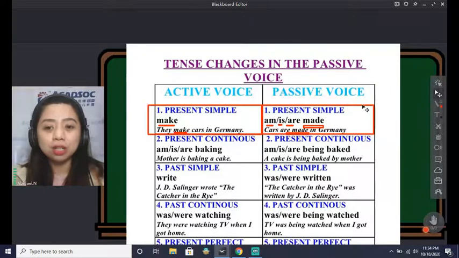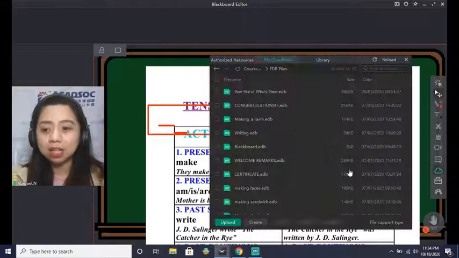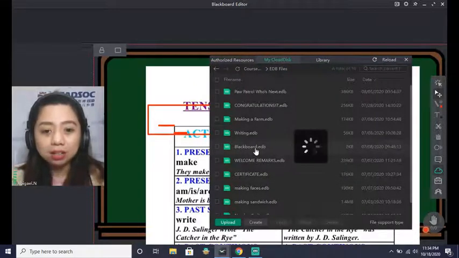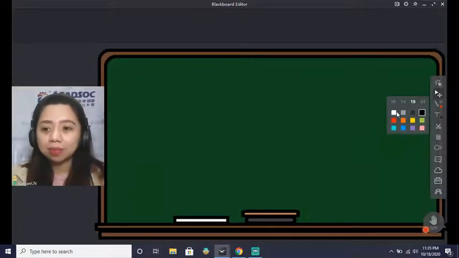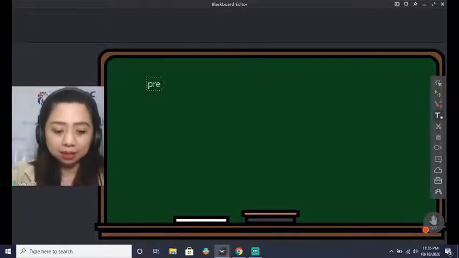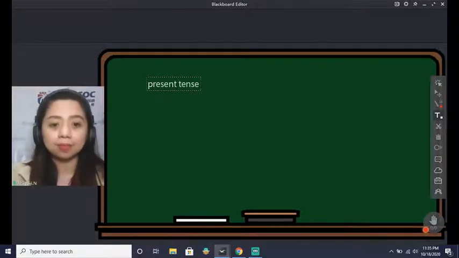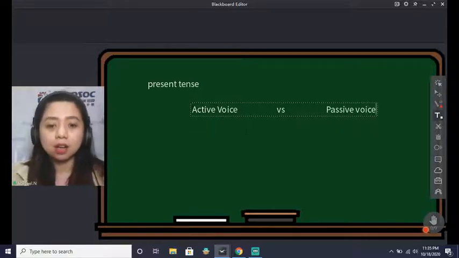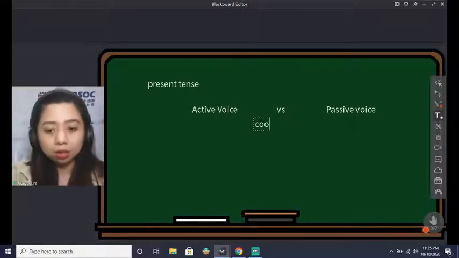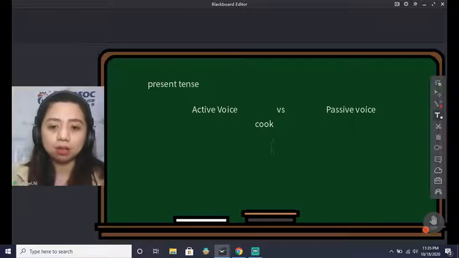Okay, so let's try to make our own example, class. So I'll clear this board. Hold on. Okay, present tense, active voice versus passive voice. I want to use the verb cook.